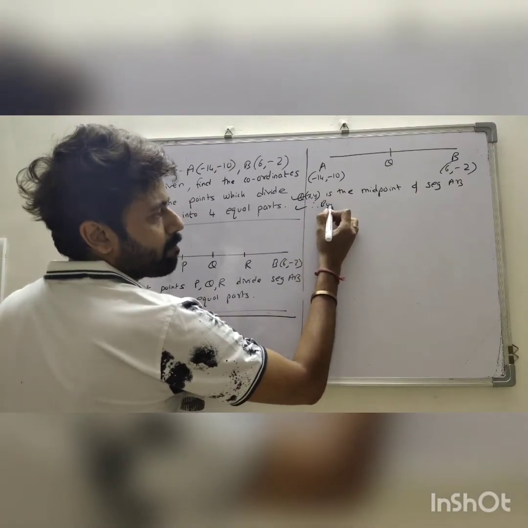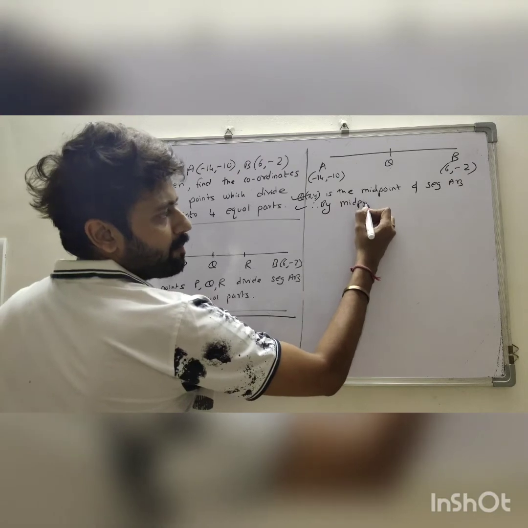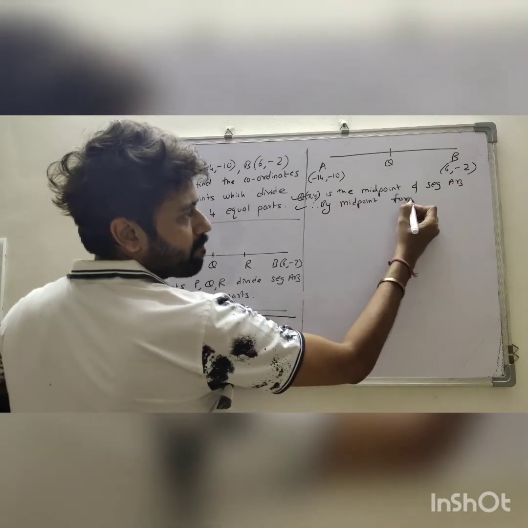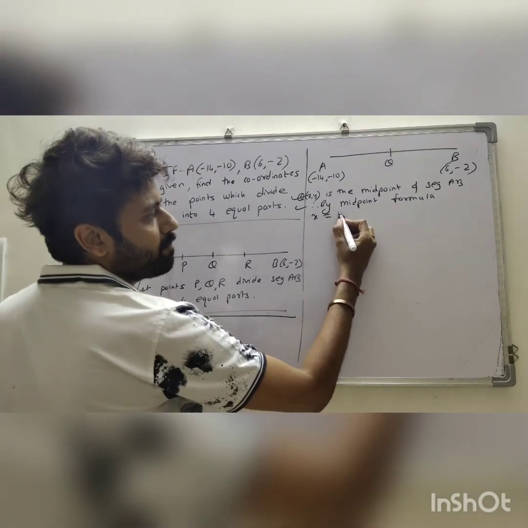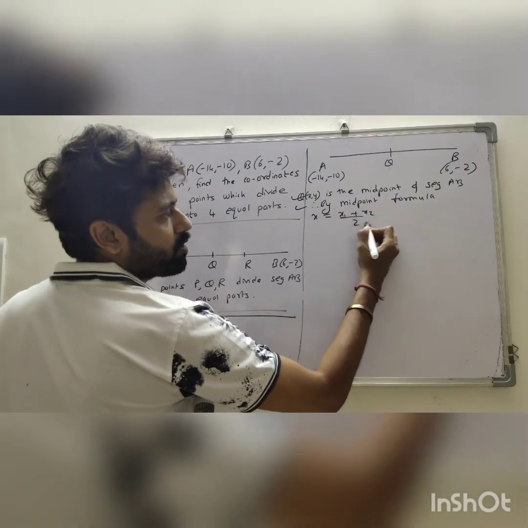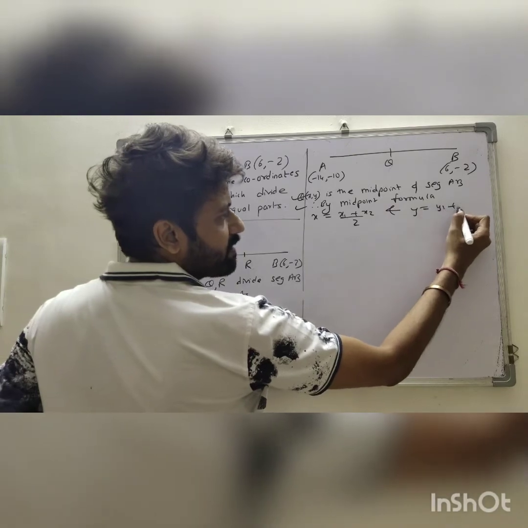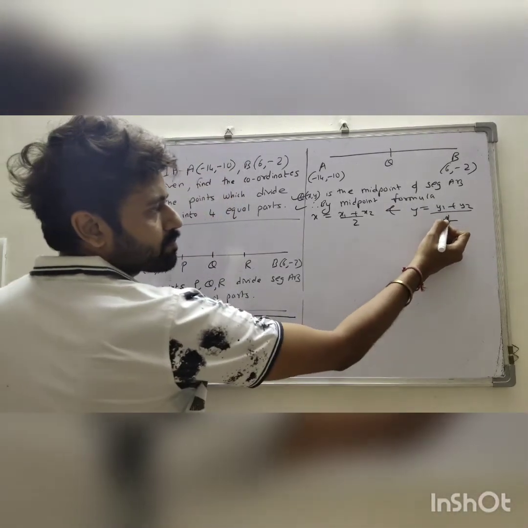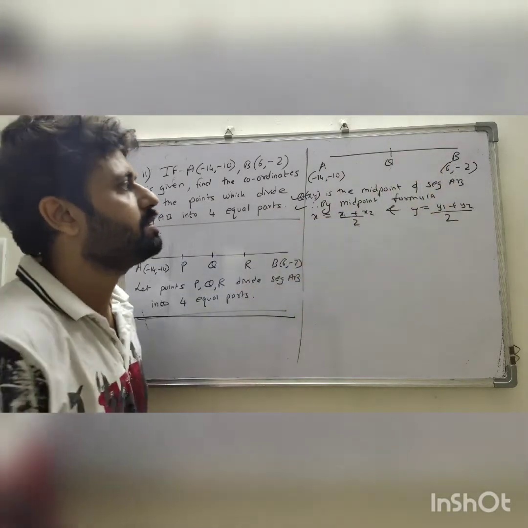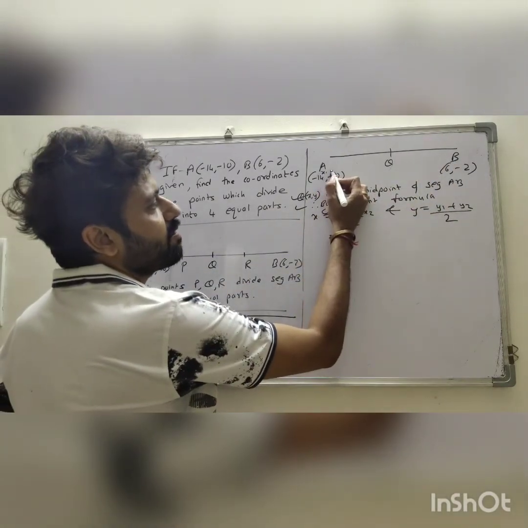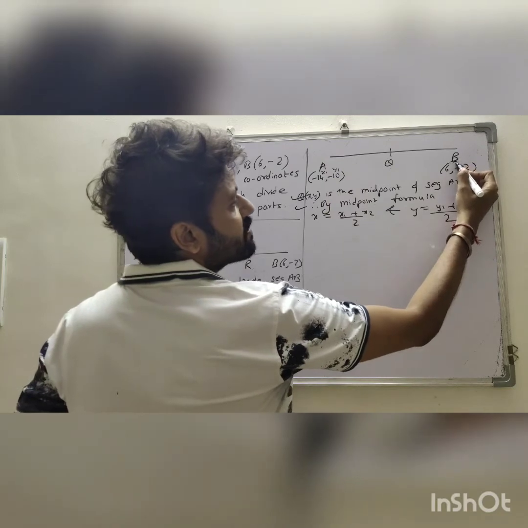Therefore, by midpoint formula, x equals x1 plus x2 upon 2 and y equals y1 plus y2 upon 2. Well, in the diagram you have mentioned A and B, you can write x1, y1, you can show x2, y2.